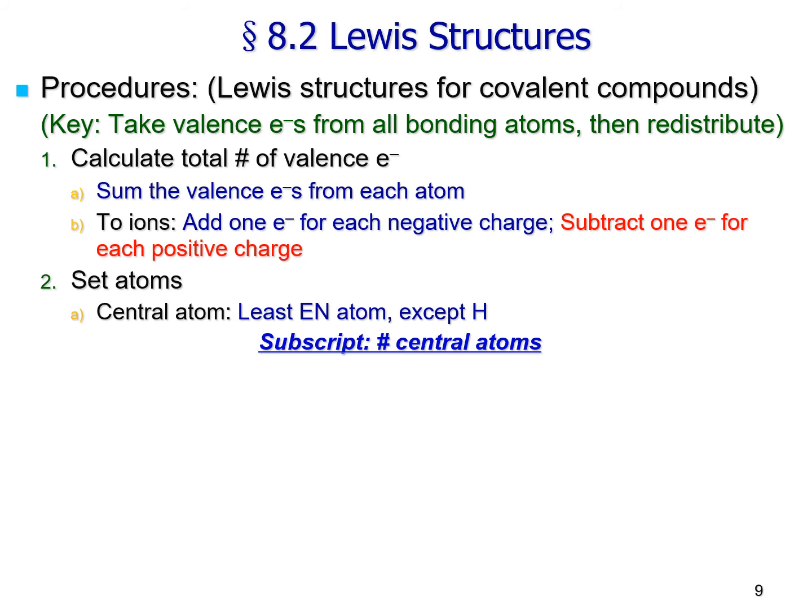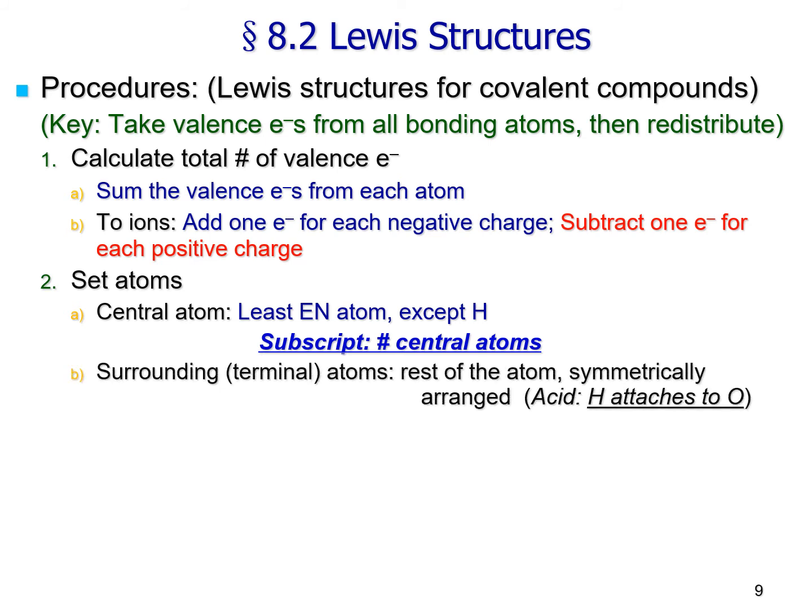Because the one with the least electron activity must sit in the center, except for hydrogen. Later on we'll explain why, but I believe I already pointed out why hydrogen cannot be the center atom, because hydrogen requires only 1 bond. The subscripts for the atom that we picked as a central atom tell us that we may have multiple central atoms.